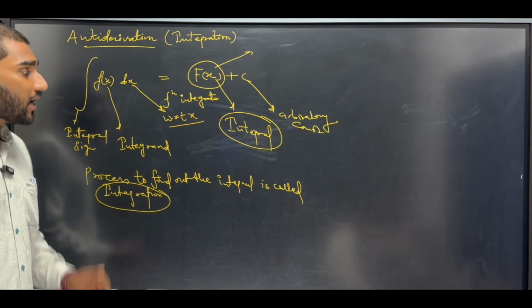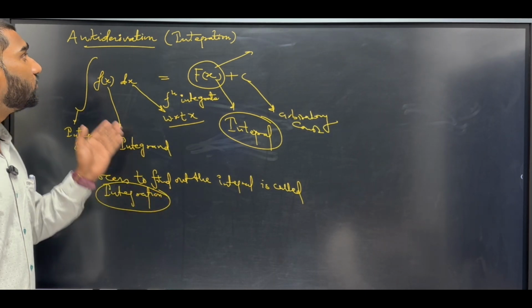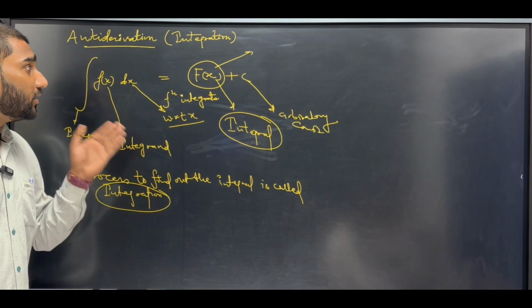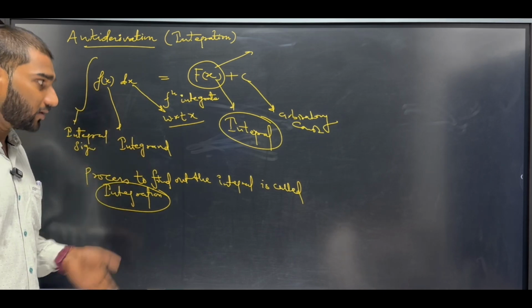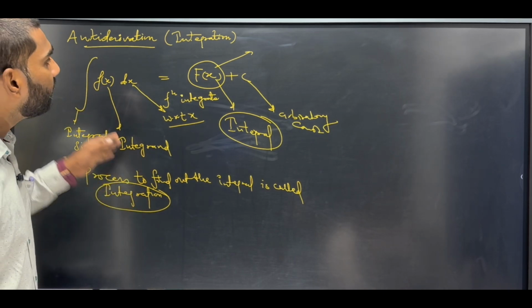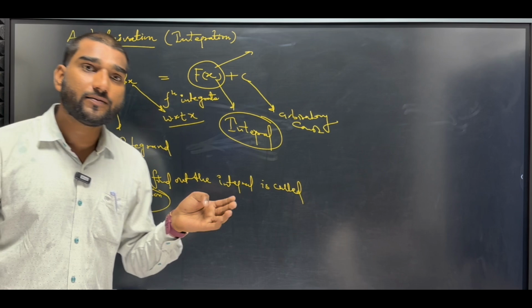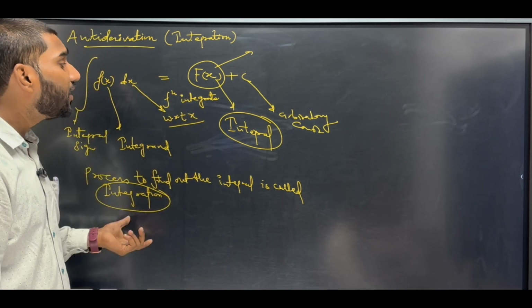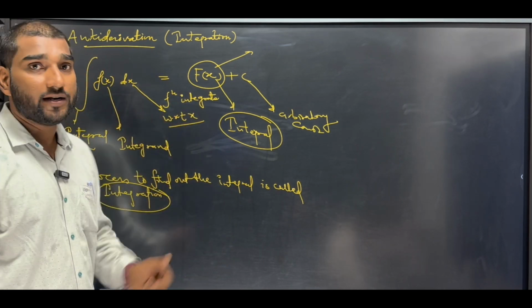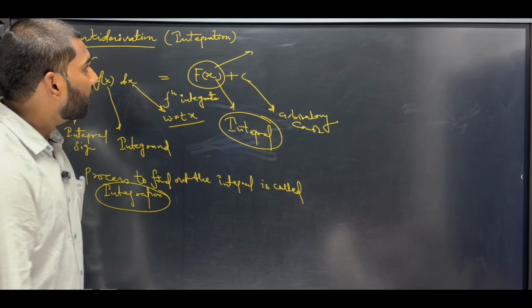Is it clear? I think so. The terms explained by me in terms of derivatives and antiderivatives is called integration. And what about the integrals and what about the integration?